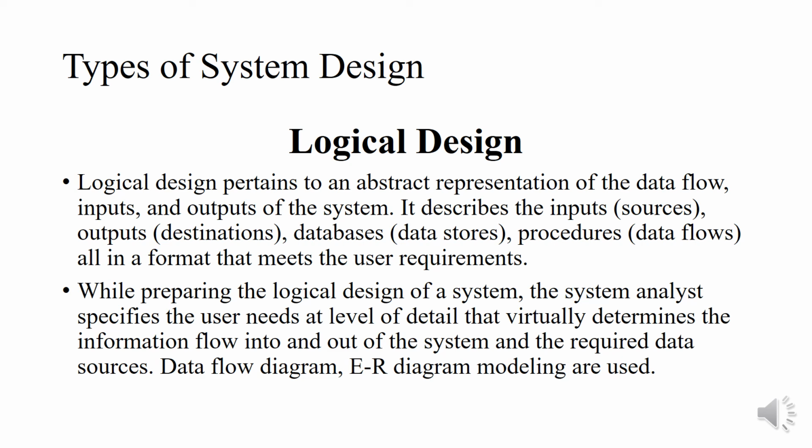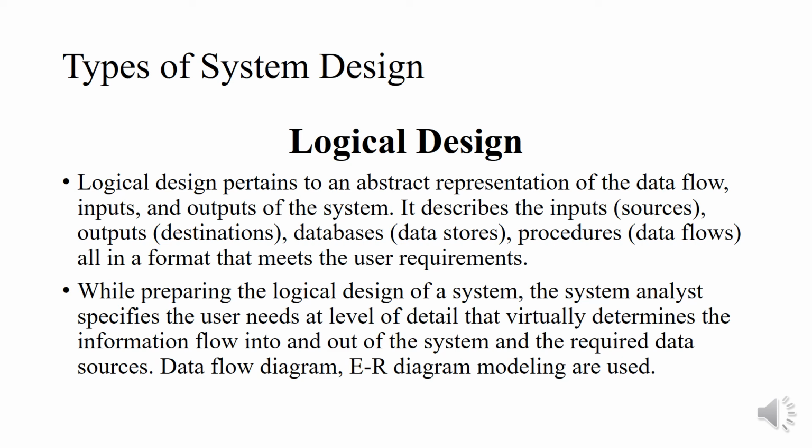There are different types of system design. Logical design pertains to an abstract representation of the data flow, input and output of the system, which describes the input as a source, output as a destination, the database as data storage, and procedures as data flows, all in a format that meets the user requirement.